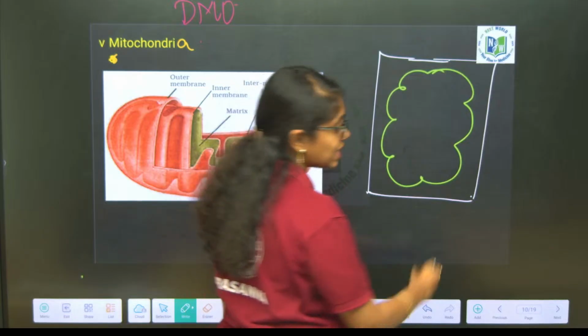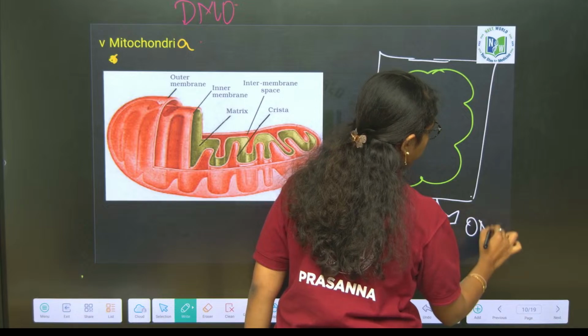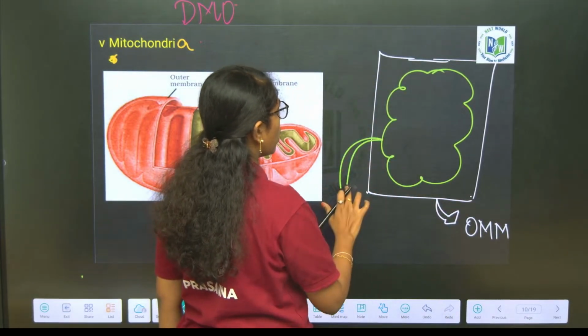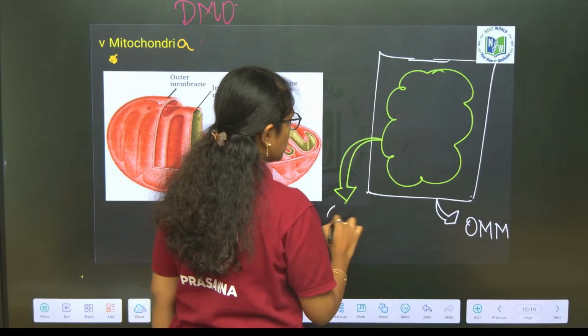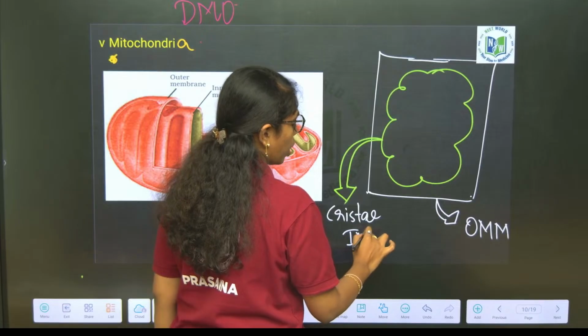So, this is the outer mitochondrial membrane, and the infoldings of inner mitochondrial membrane is what? Cristae, or inner mitochondrial membrane.